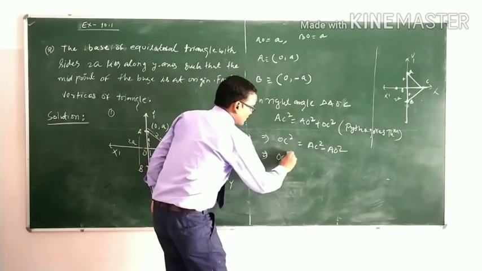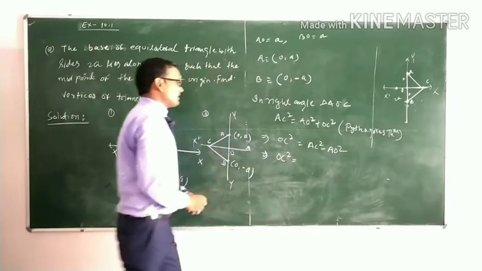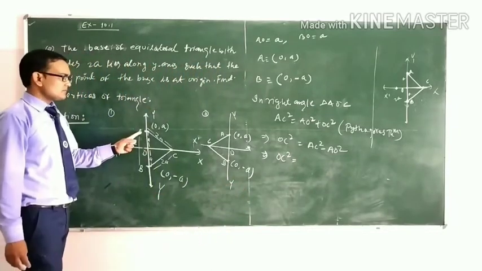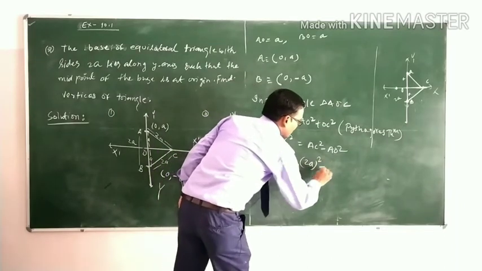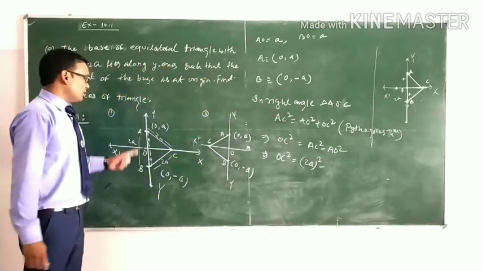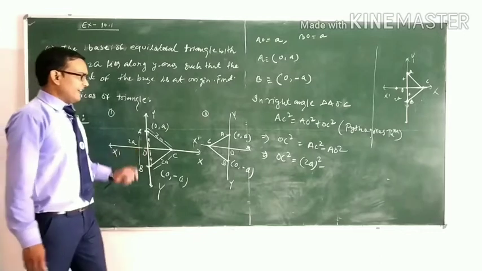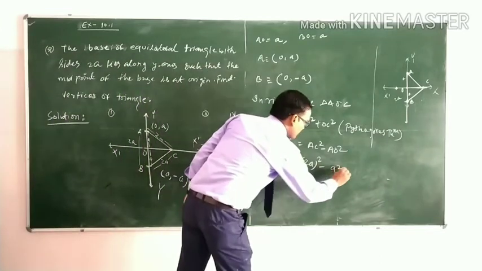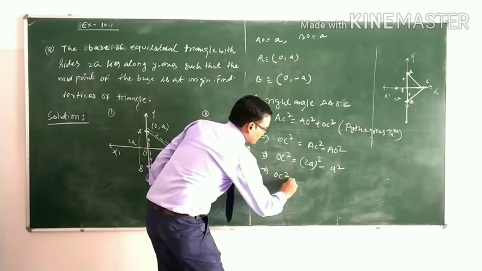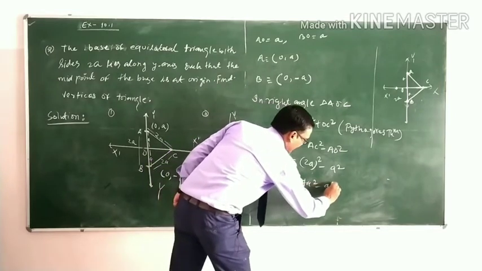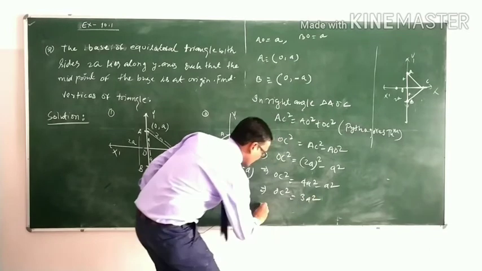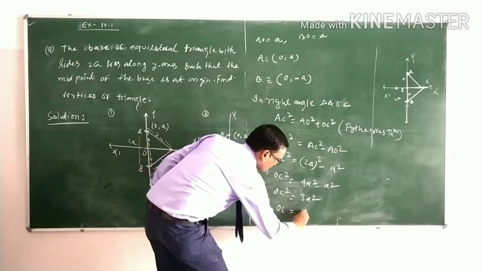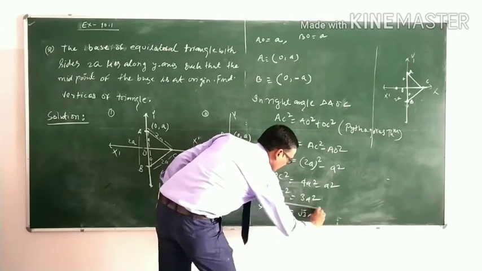This implies that OC square equal to, what is the value of AC? AC is 2A, square minus value of AO is A. This implies that OC square equal to 4A square minus A square. This implies that OC square equal to 3A square. This implies that OC equal to square root 3A.